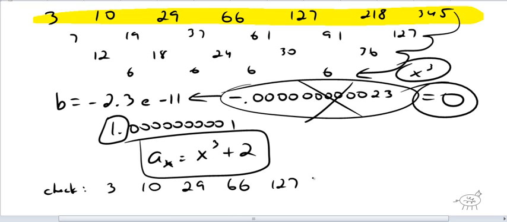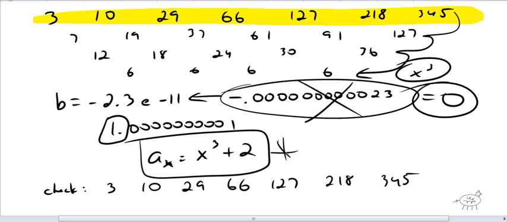You can see it's all working here, guys. 6 cubed is 216 plus 2 is 218. And then the 345 works as well. 7 cubed is 343 plus 2 is 345.